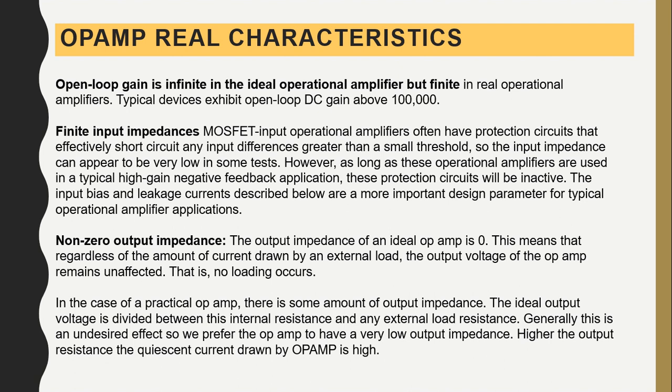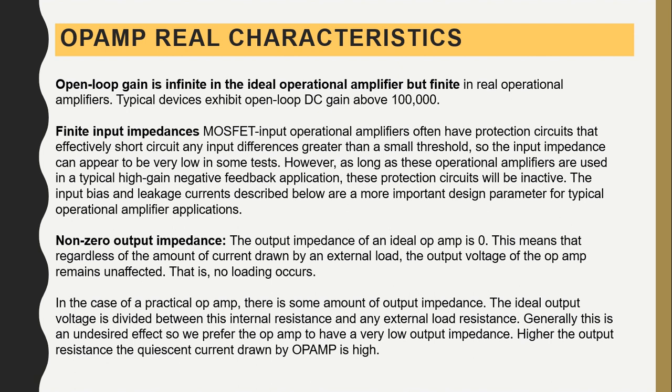The input bias and leakage current described below are more important design parameters for typical op-amp applications. Let's go to another parameter, output impedance, which is also non-zero in reality. The output impedance of an ideal op-amp is zero. This means regardless of the amount of current drawn by the external load, the output voltage of the op-amp remains unaffected. That is, no loading occurs.